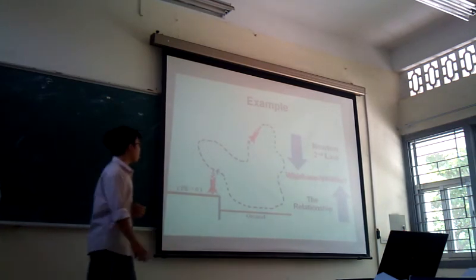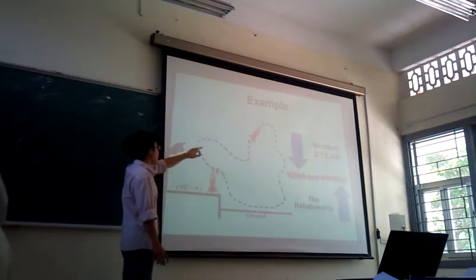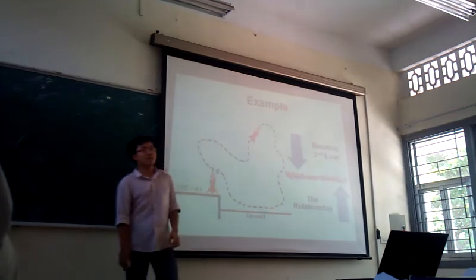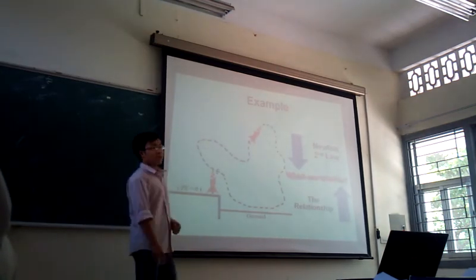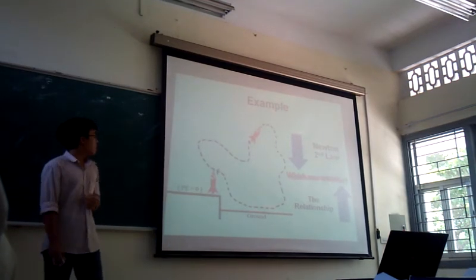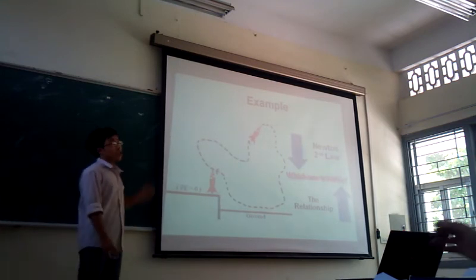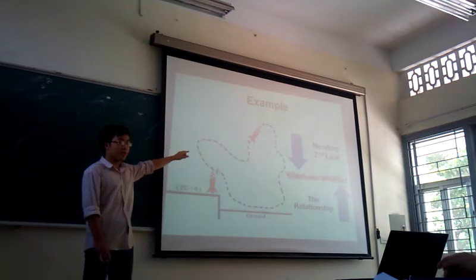The question here is, what is the total force acting on the rocket at that position? About Newton's second law, because the motion is very complicated, it is very difficult to determine the direction of velocity of the rocket at this position.